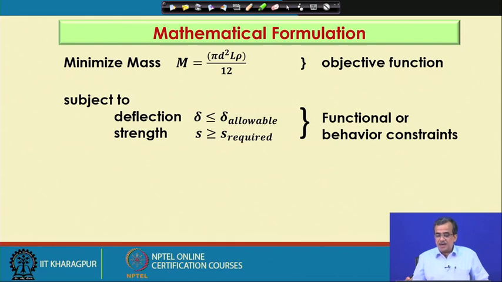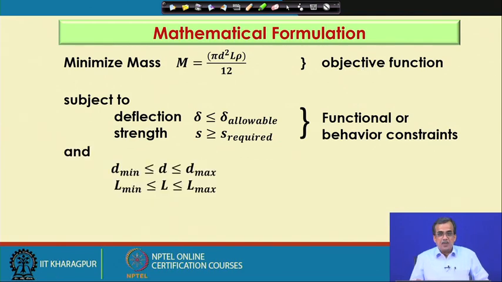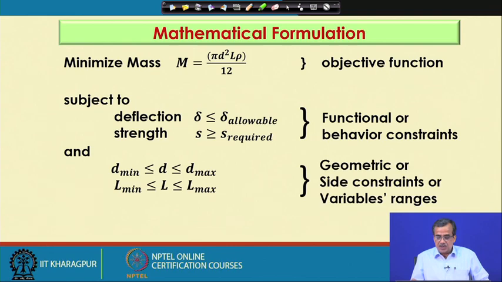Now, these are nothing but the functional or the behavior constraints, and the objective function is to minimize the mass, and of course, this will be subjected to some geometric or the side constraints or the variable bounds. Here you can see that d lies between d minimum and d maximum, and L lies between L minimum and L maximum.